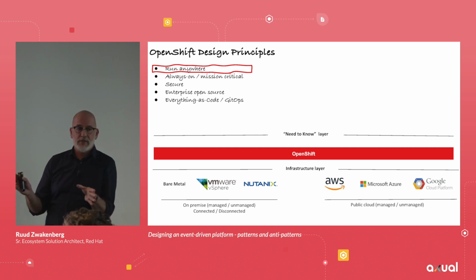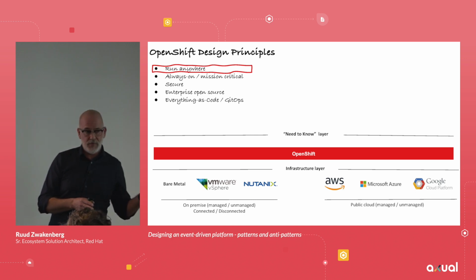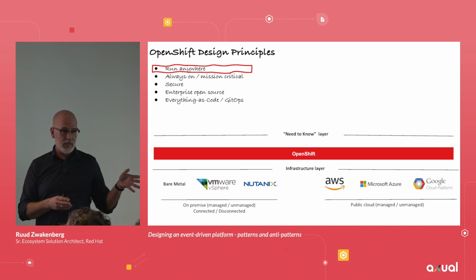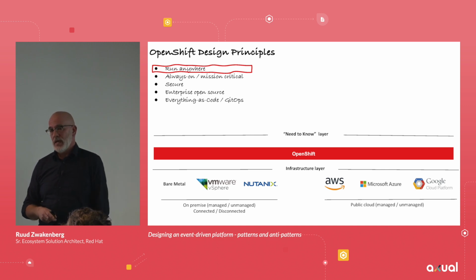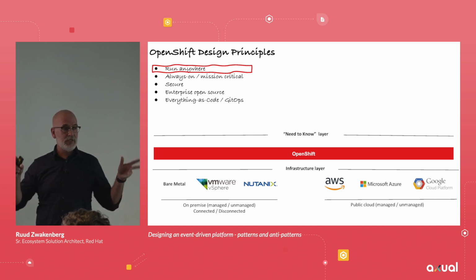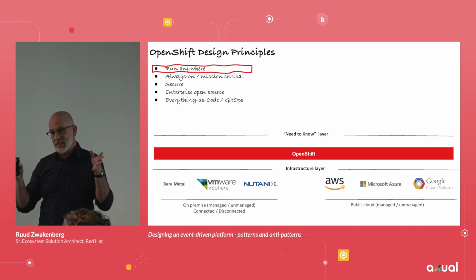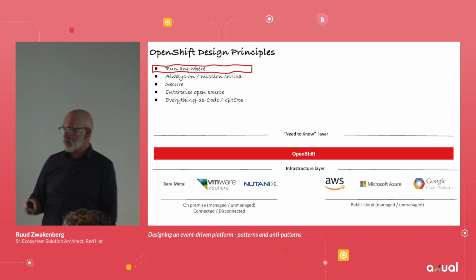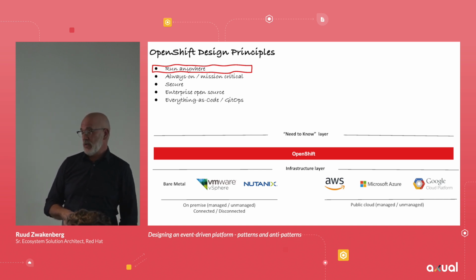And not only the grid operators, we also have a lot of customers in the government. So what they need is a platform that also operates, within limitations of course, in a disconnected data center. And OpenShift is one of, maybe even the only one that will operate perfectly in a disconnected data center.